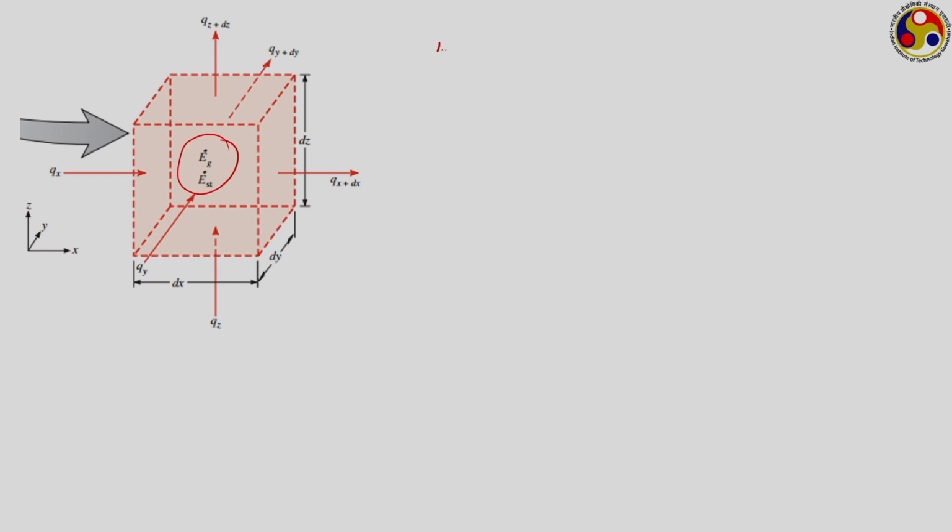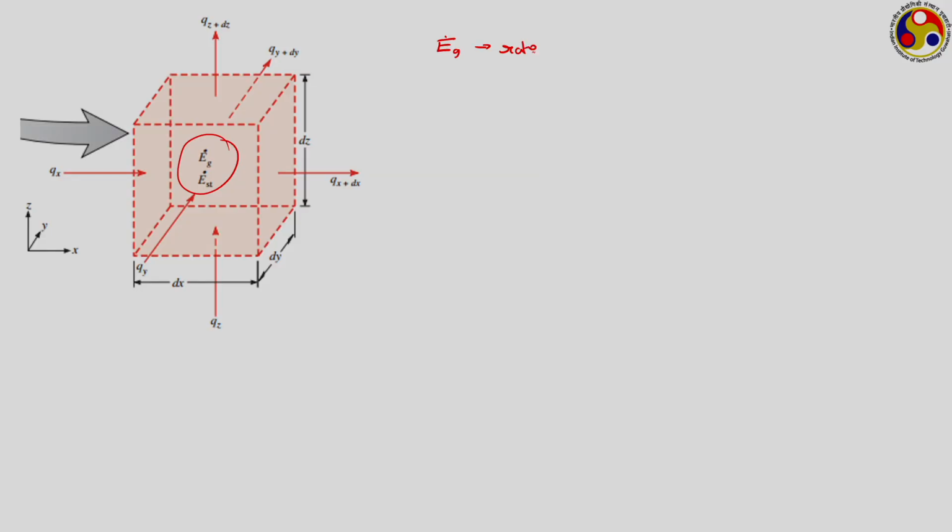Here, this E dot g represents the rate of thermal energy generation inside the domain of our consideration, per unit volume.